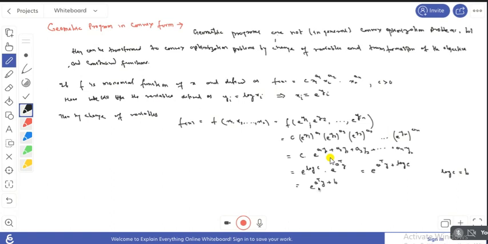Now by using change of variables, you turn this monomial function into the exponential of a linear function, that is, an affine function. So by using that transformation, you find the exponential of an affine function from your monomial function.